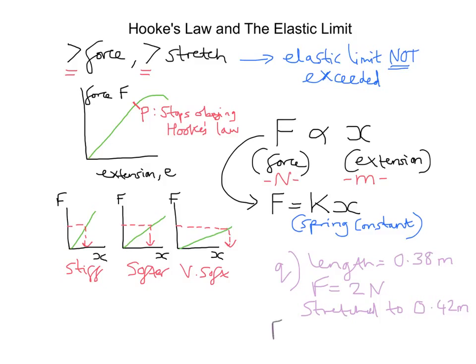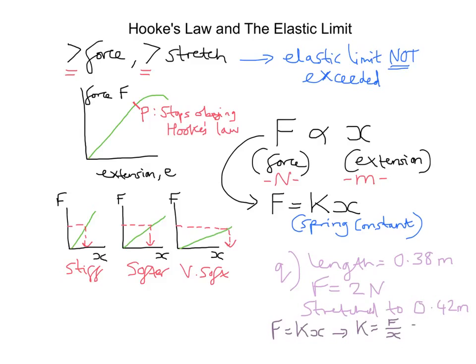we know that F is equal to Kx. If we rearrange that to get K, what you end up with is F divided by x, the force divided by the extension. And you'll notice, if the original length is 0.38, and if we've stretched it to 0.42, we've essentially extended our spring by 0.04 meters.